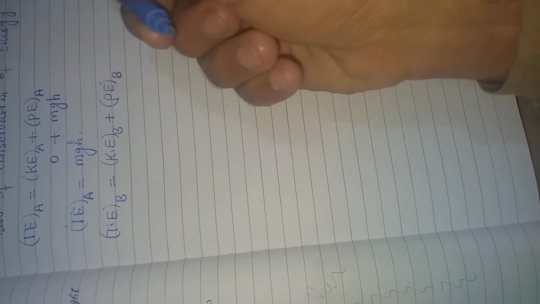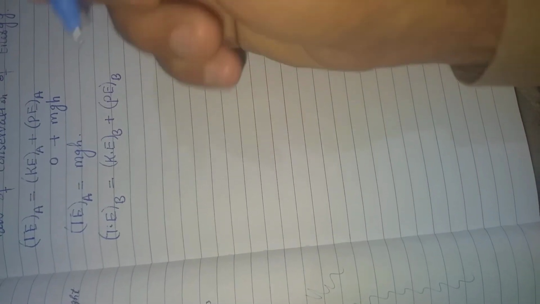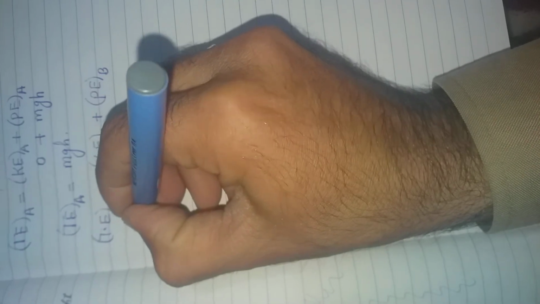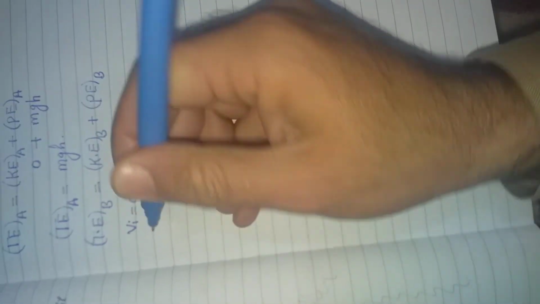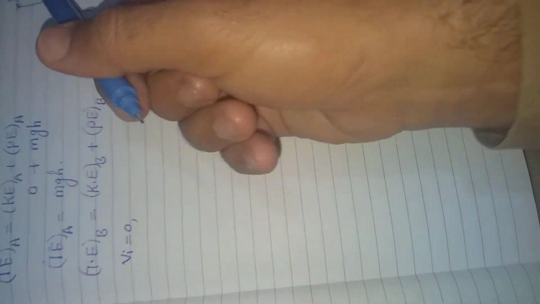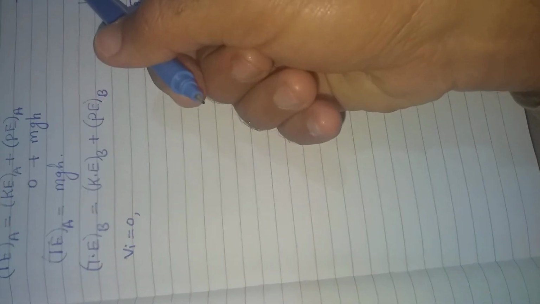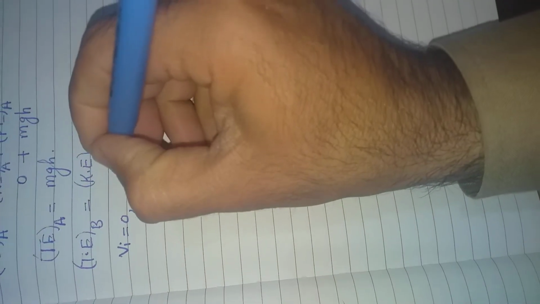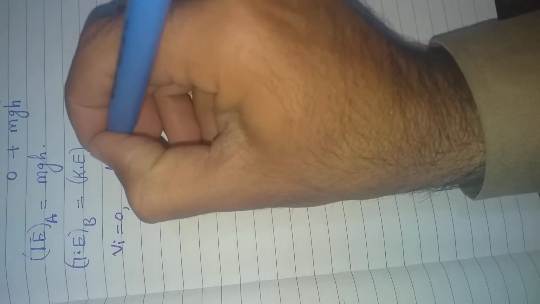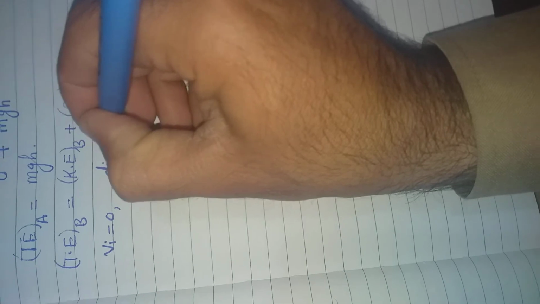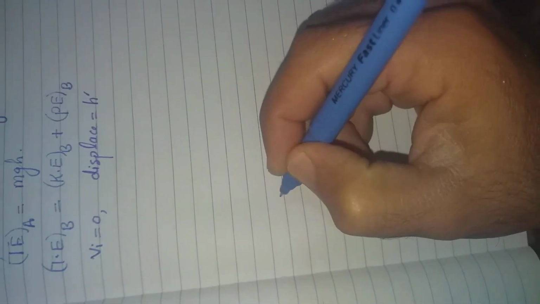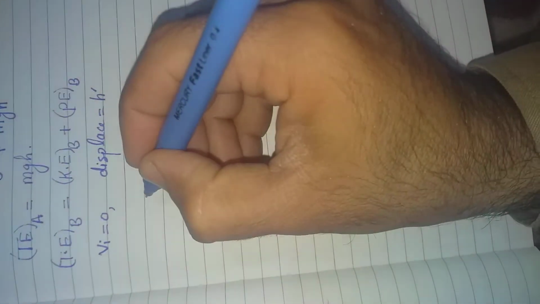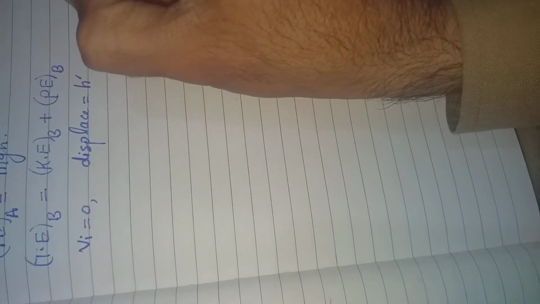As the object is moving from point A to point B, but at point A the initial velocity was 0 and the object displaced gravitationally from point A to point B, and it displaces up to how much? h dash, with the gravitational acceleration g.